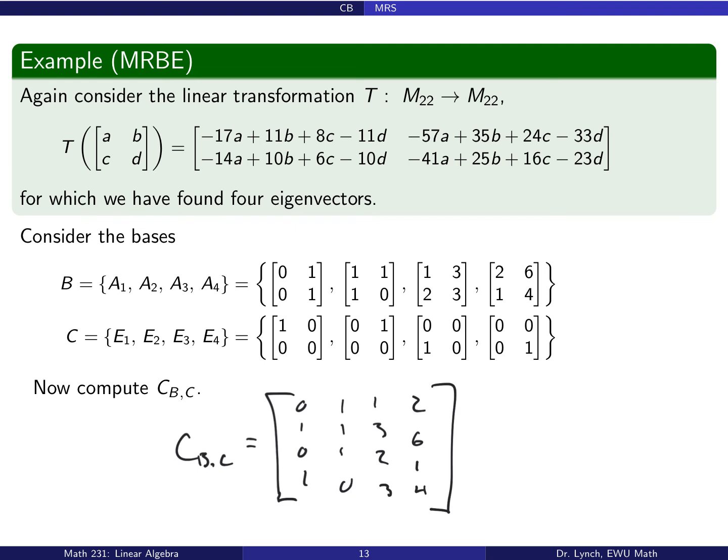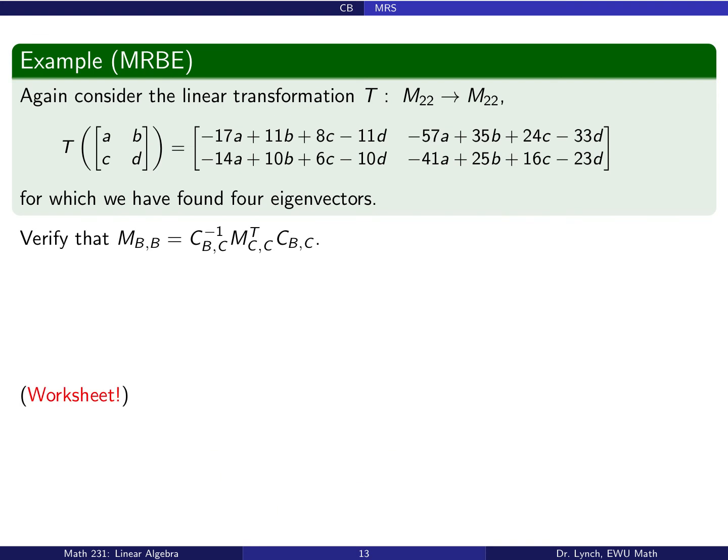Here's that matrix where we've just identified the coordinatization of elements in the basis B with respect to elements in the basis C. Okay, and I'll leave it to you, but you should be able to find the inverse of that matrix C_BC and verify that these matrices are similar. And this is a pretty cool exercise.